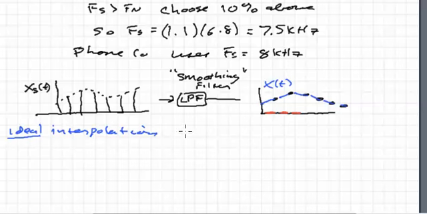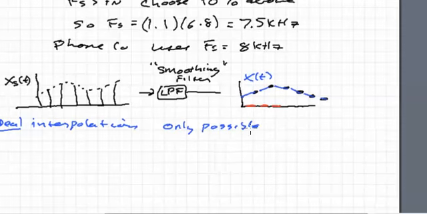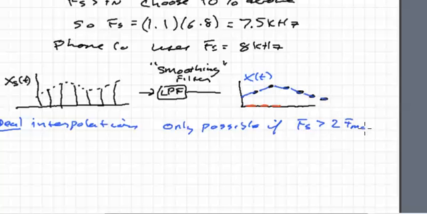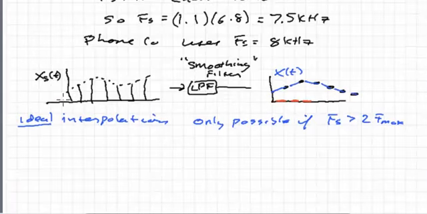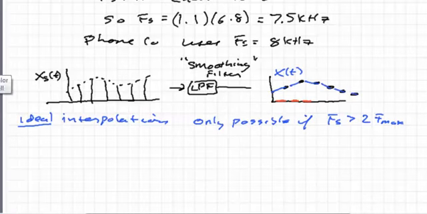And just remember, it's only possible as long as we choose the sample rate to be greater than 2 times f max. If we didn't honor that, we could have a signal that did all kinds of crazy stuff in between these samples.